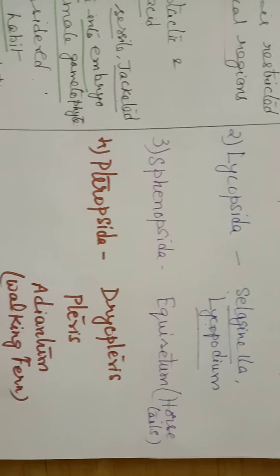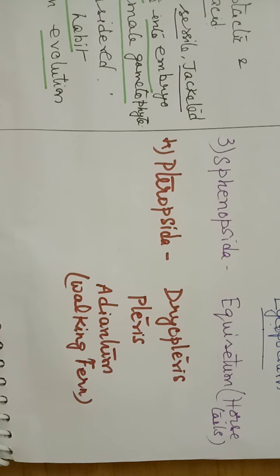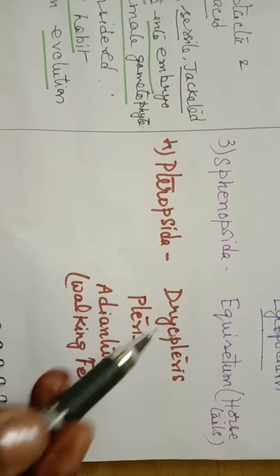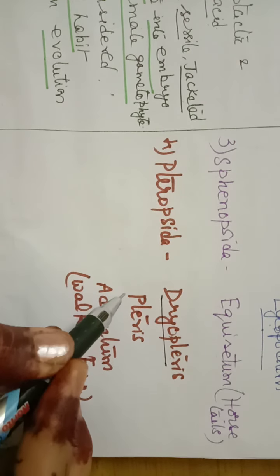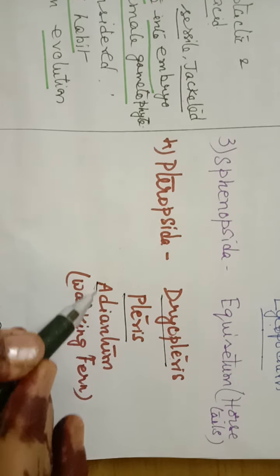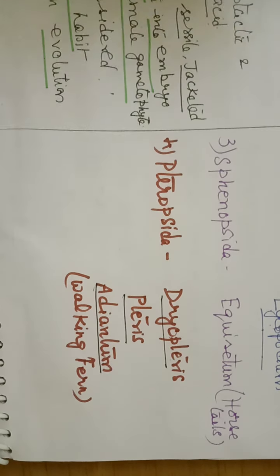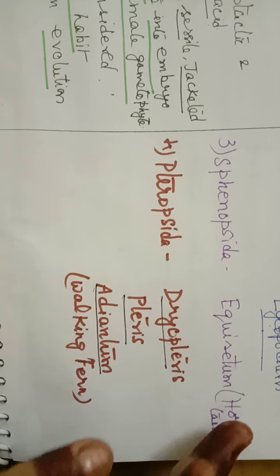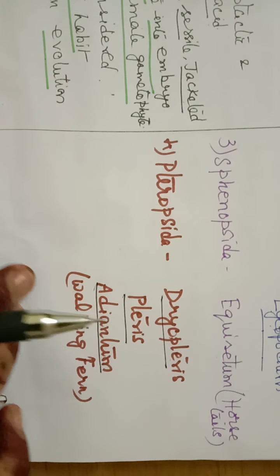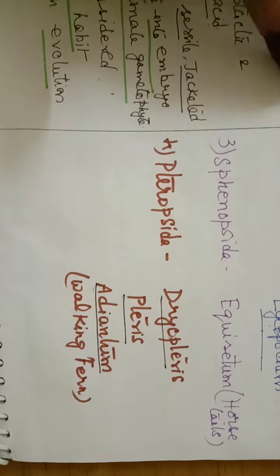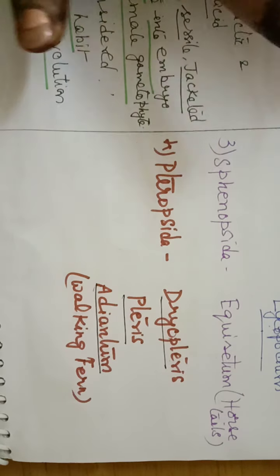And Pteropsida, with 3 examples: Dryopteris is one example, and then Pteris and Adiantum. So these are all different classes of pteridophytes. Just try to remember these 4 different classes.